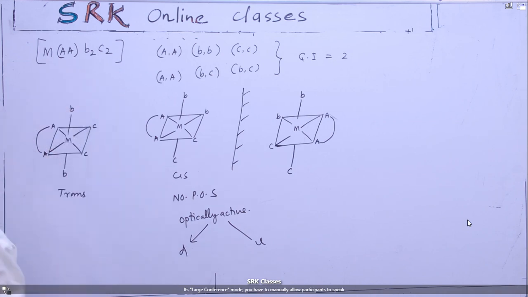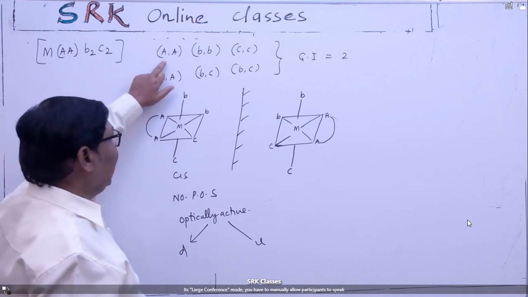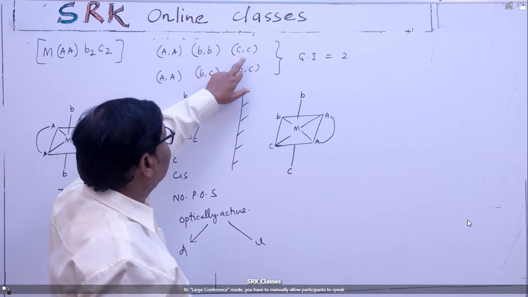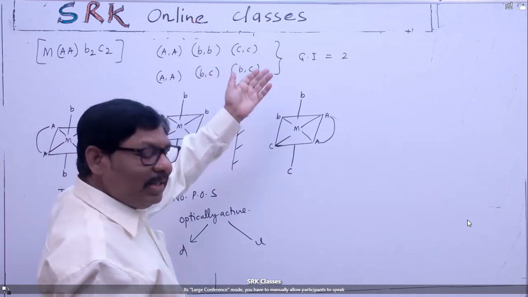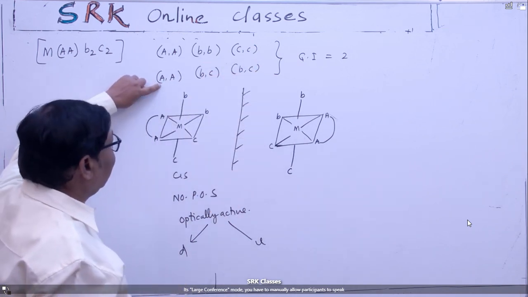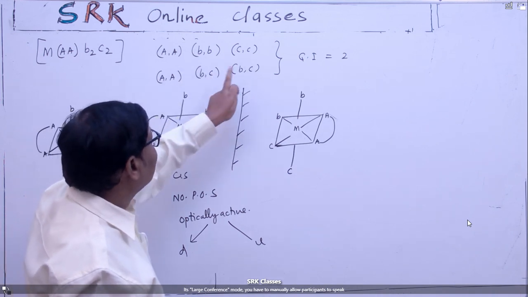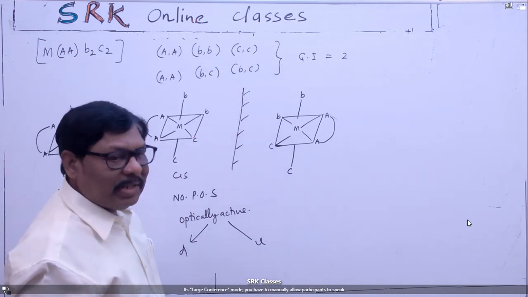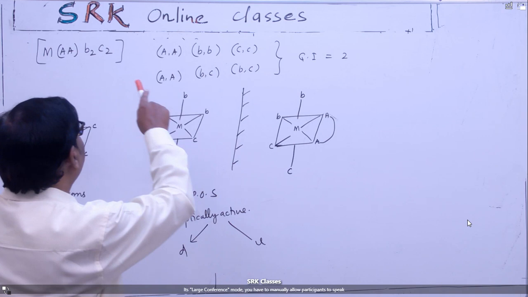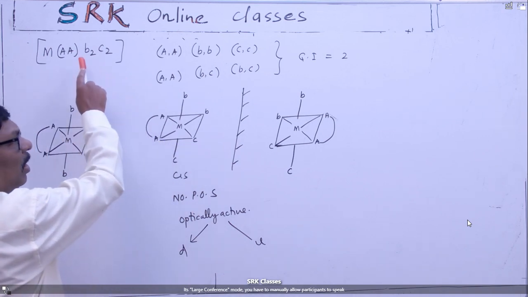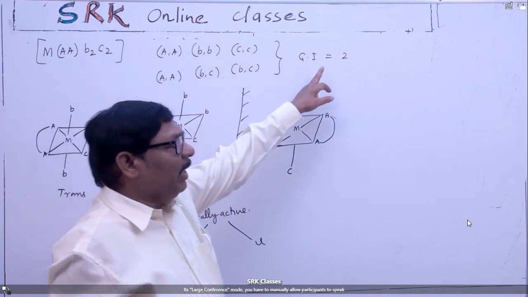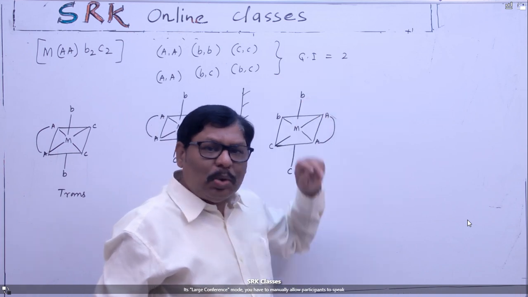Now with this, two possibilities are given. AA, BB, CC, one possibility. Second possibility is AA, BC, interchange of these two. So therefore two combinations are possible. That clearly indicates this molecular formula can have only two geometrical isomers. What are those two geometrical isomers?